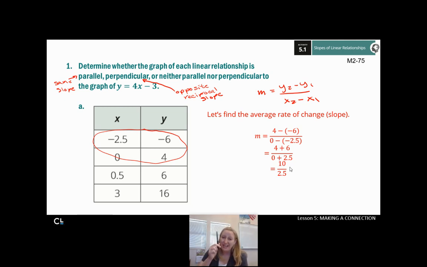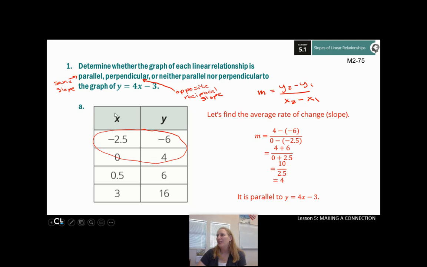If you have a calculator handy, could be useful. 10 divided by 2.5 is actually 4 on the nose. Now we know that this line's slope is also 4. Check it out. The slopes match perfectly. They have the same slope, which tells us that our lines are parallel.